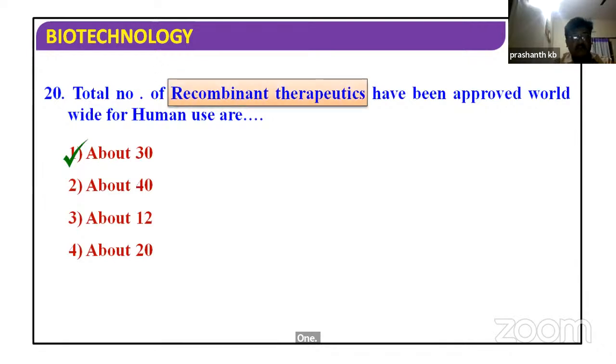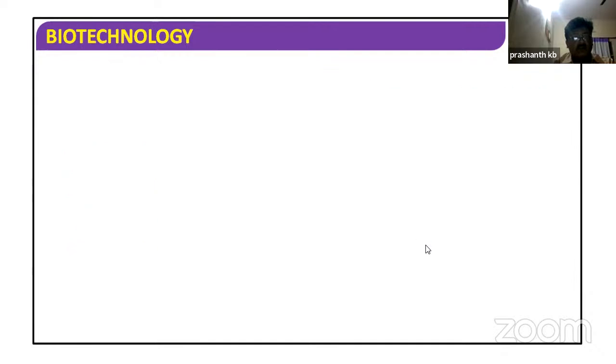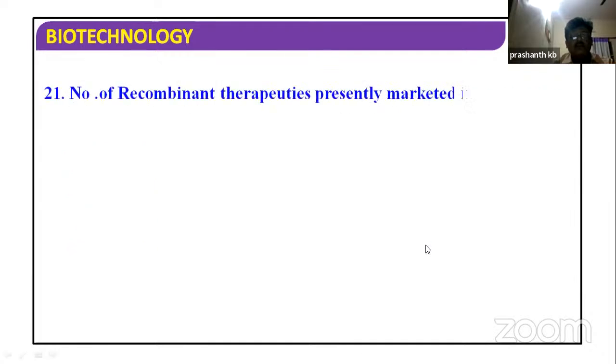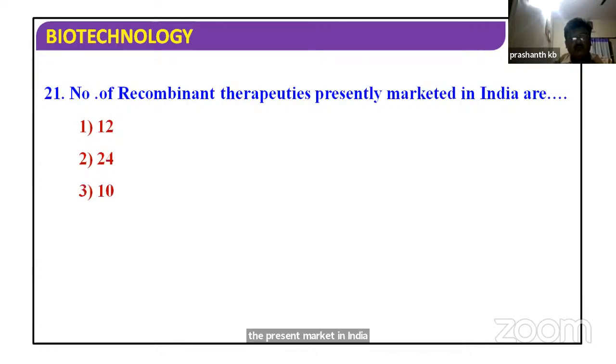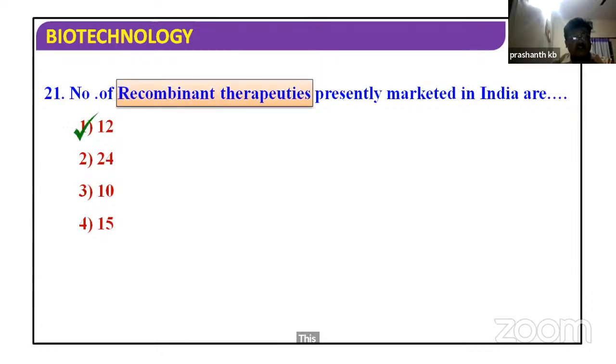Okay. The number of therapeutics present in the market in India, this is 12 actually. In India it is 12. Present in market.